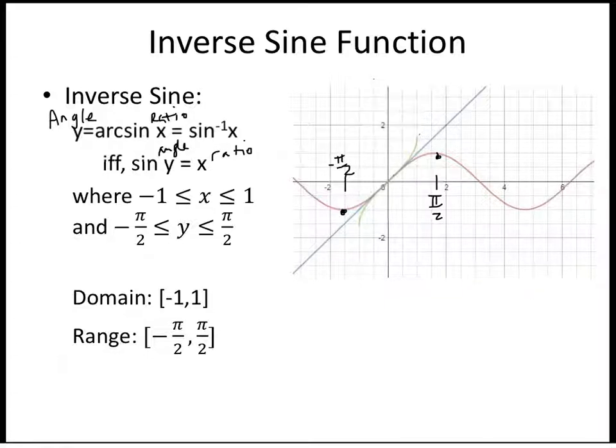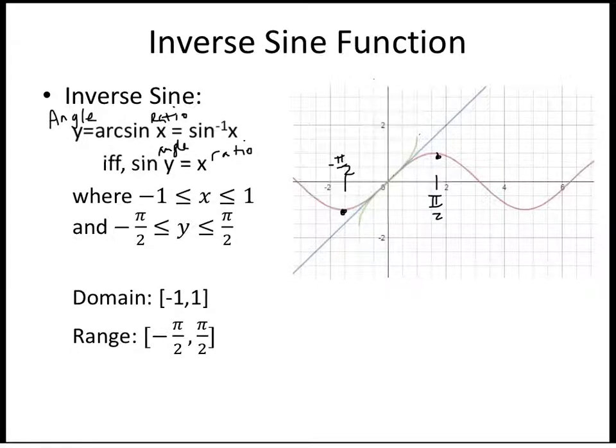And putting that in degrees, it's -90 to +90. So that will be my domain and range of my inverse sine function. And when I'm graphing inverse sine, sometimes it's helpful to actually graph my sine function and then flip that over the line y equals x to graph inverse sine. Okay?